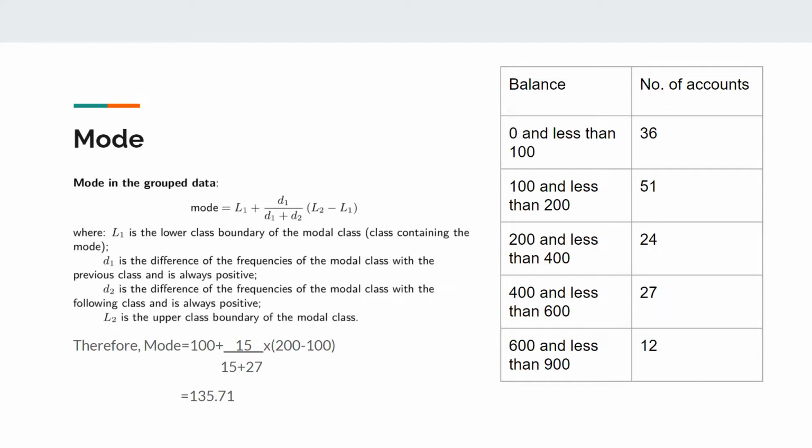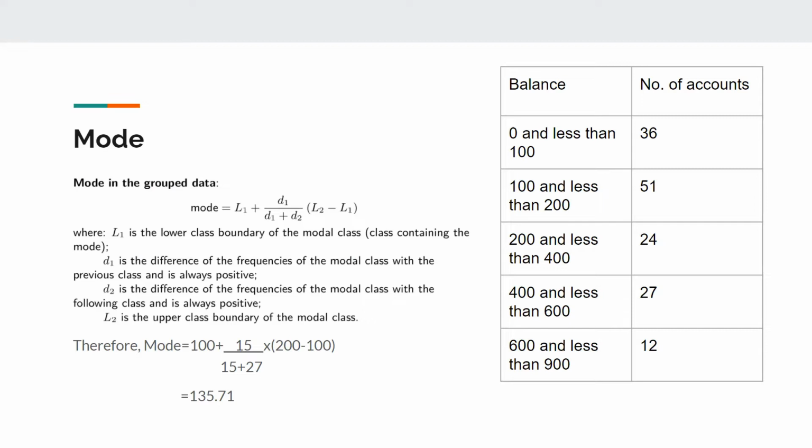D1 is the difference of the frequencies of the modal class and the previous class and is always positive. The frequency of the modal class is 51 and the frequency of the previous class is 36. 51 minus 36 is 15. D2 is the difference of the frequencies of the modal class and the following class and is always positive.